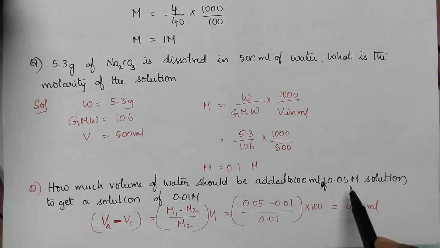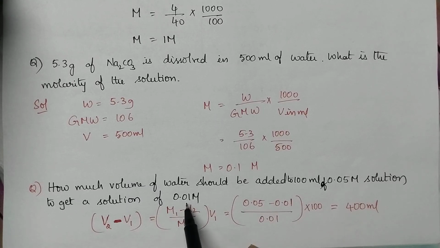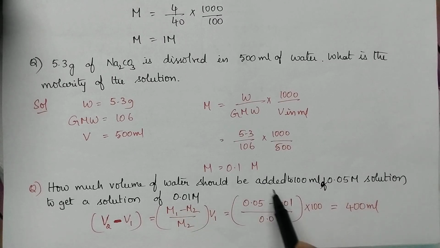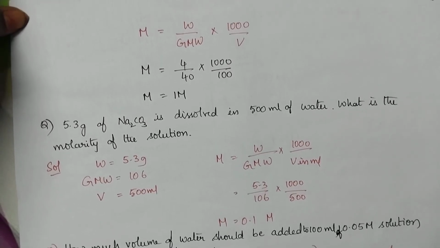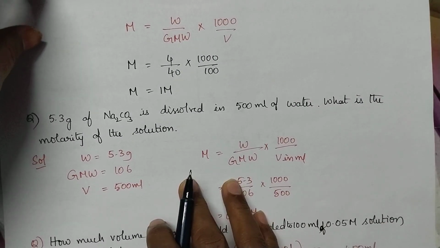M1 is equal to 0.05 molar, M2 is equal to 0.01 molar, and V1 is equal to 100 ml. Let us substitute all these values in the expression (M1 minus M2) by M2 into V1. Then we will get 400 ml. So 400 ml of water is to be added to get the 0.01 molar solution.